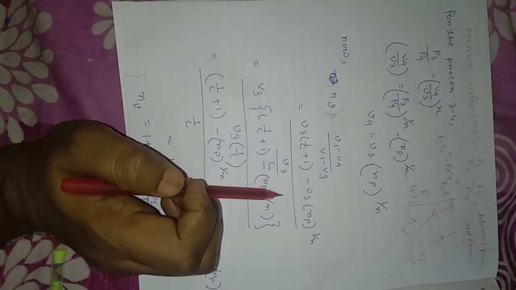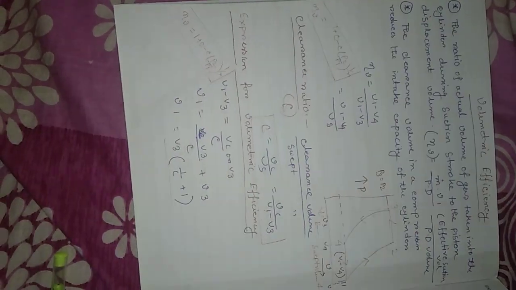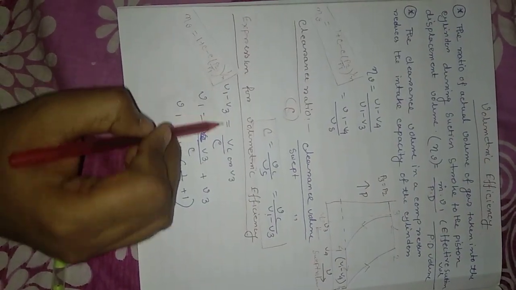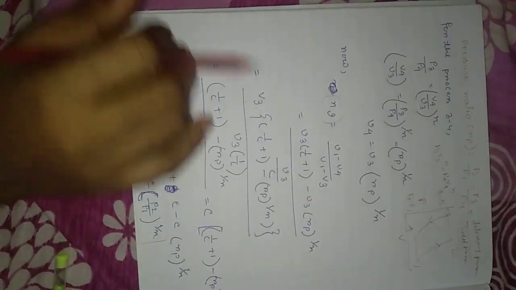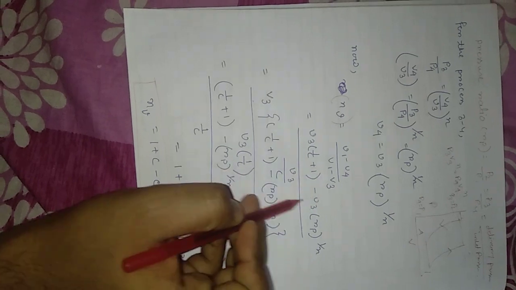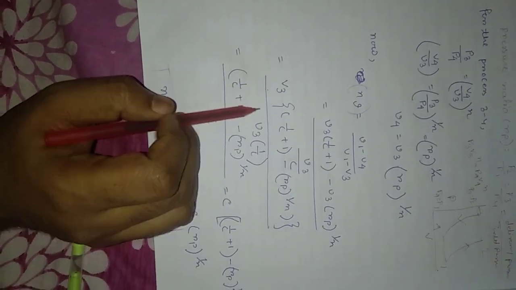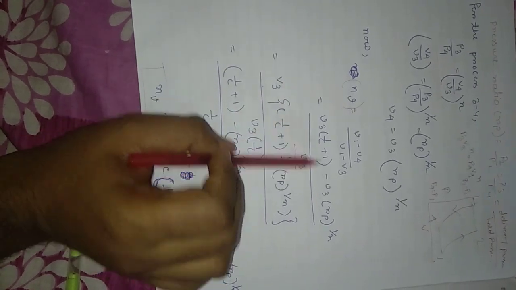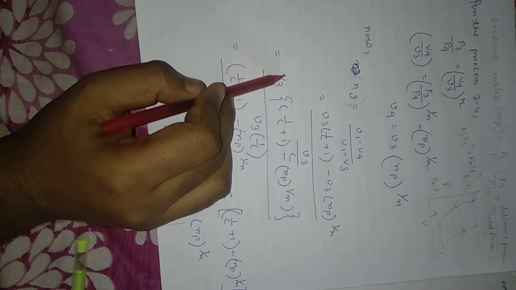So V1 minus V3 is nothing but Vc by C, or V3 by C. If you take V3 common, V3 and V3 will be cancelled out.